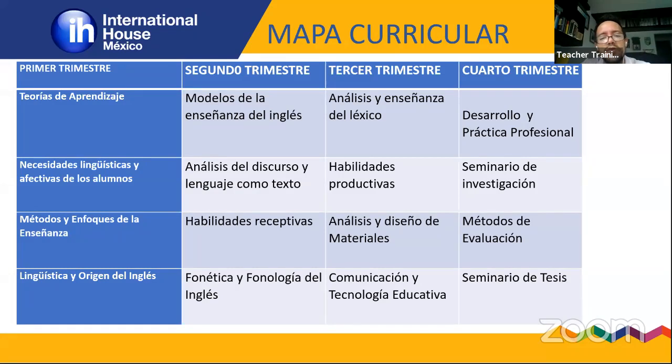But if you get in touch with your IH advisor, IH consultant, they will be better able to give you the percentage. I think it's anything between 15 and 20 or 25% discount on this program for licenciatura. So I would just double check with your IH advisor, but I think it's around that. Nobody gives away like 18,000 pesos, right?